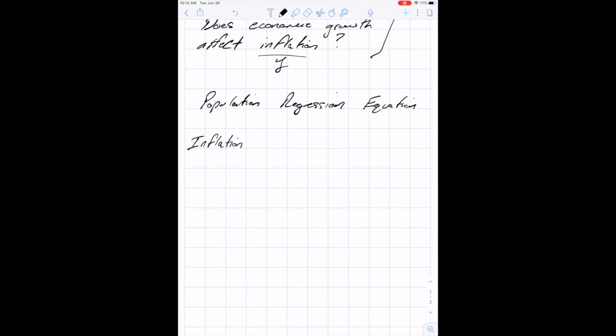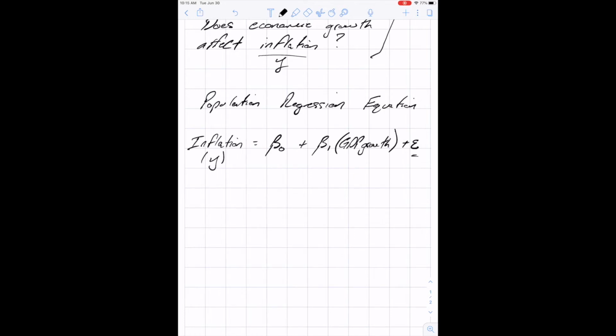So inflation, that's my Y, my dependent variable, equals beta naught, some population intercept, plus beta 1, the population slope, times, we'll just call this GDP for gross domestic product growth. That's how we're going to measure economic growth. As you know, we do not believe that this relationship will hold perfectly in the population data. So we have an error term right here.